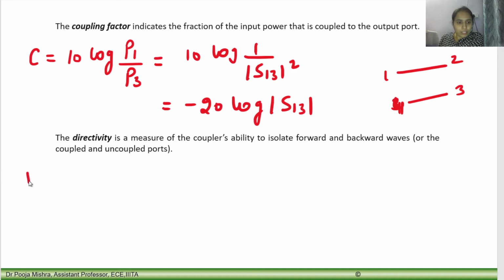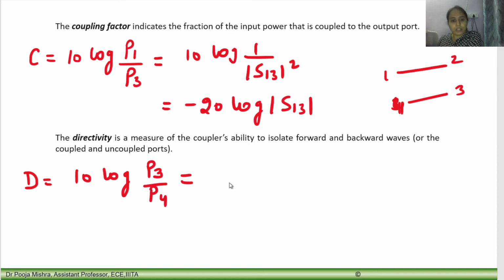So directivity is denoted by D is equal to 10 log of P3 by P4. If 1 is the input power, every power has to be measured with respect to 1. So how do we measure these powers P3 and P4 with respect to the input port?